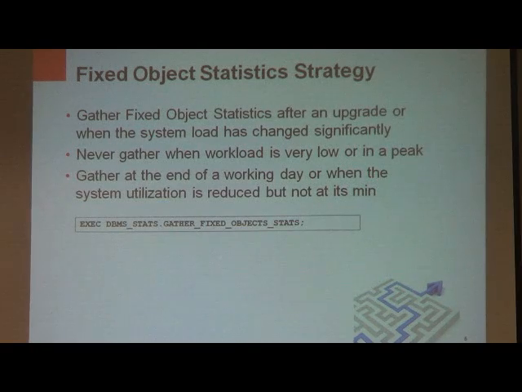In the manual, it's documented that it is not recommended to join these $V views, actually. If you're going to do queries on $V views, do them only on one view, not doing joining. Now, the fixed stats are going to help you to do all those joining stuff.